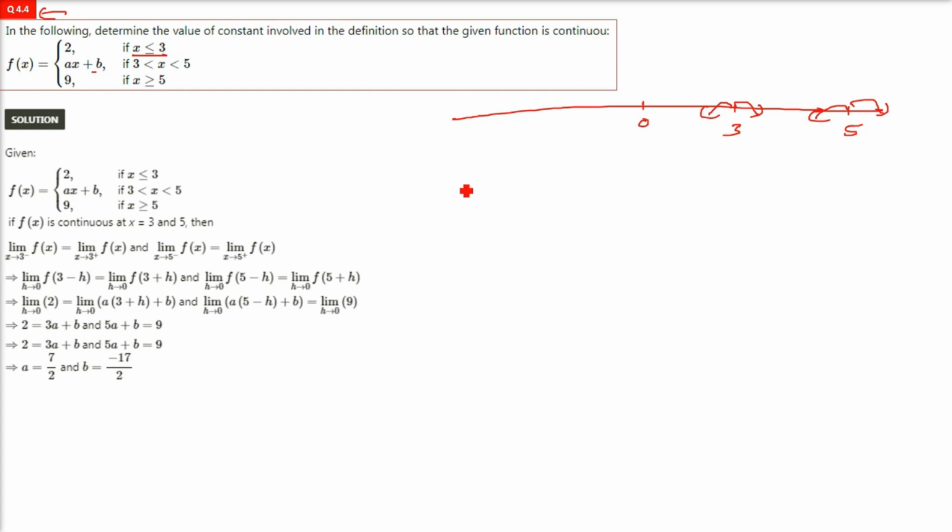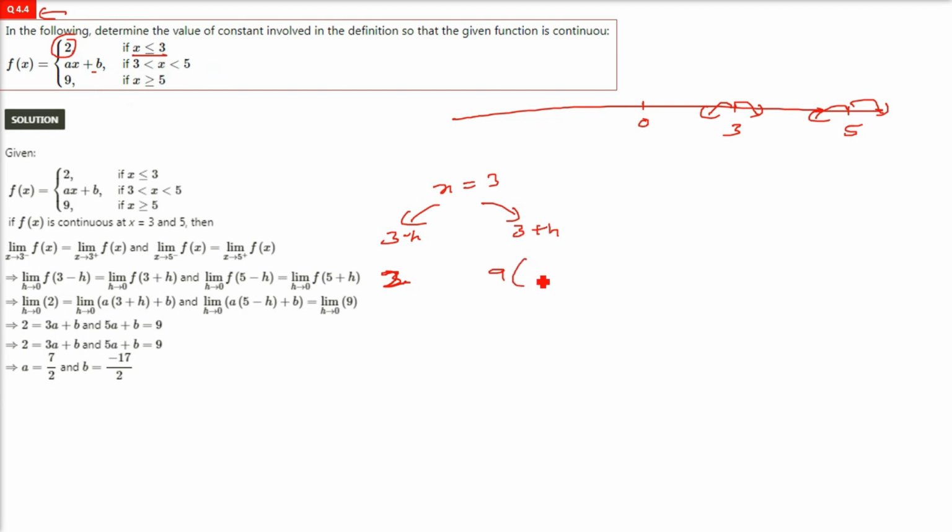Okay, so let us start with x equals 3. We have to put 3 minus h for LHL and then 3 plus h for RHL. Similarly for 5 also we'll do that, but let us complete 3 first. So x less than or equal to 3 is already a constant, so we don't have to do anything for this. On the right hand side it is ax plus b because it is going above 3.